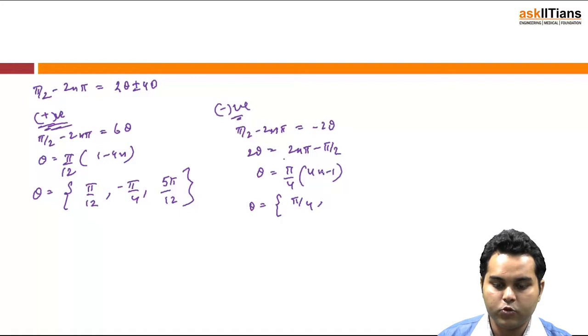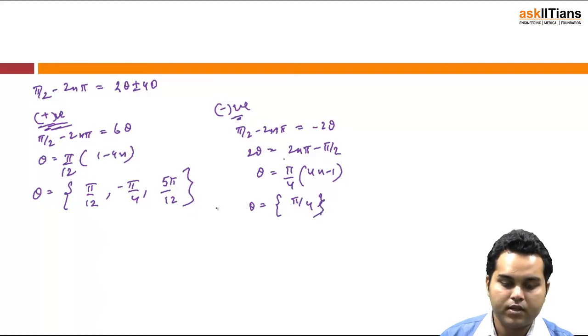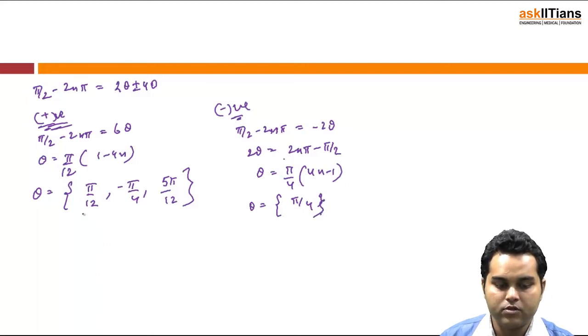If I put n equal to 1, I get 3 pi by 4, which would be lying outside the region. If I put n equal to minus 1, I would have minus 5 pi by 4, which would again be lying outside the region. So only this value would be here. Now I have 4 values, 1, 2, 3 and 4.